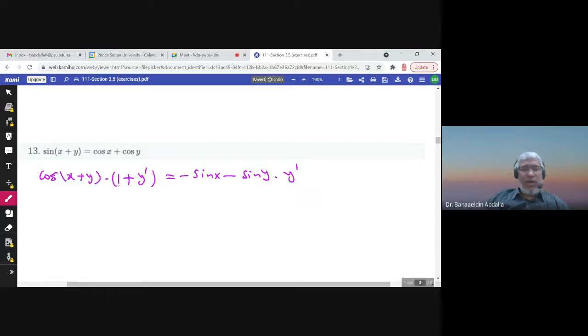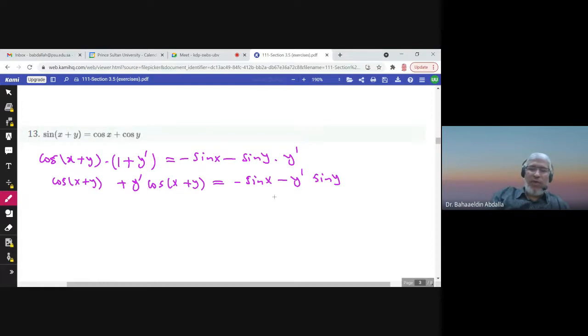Okay, here multiply, so I have cosine x plus y plus y prime times cosine x plus y equals negative sine x minus y prime sine y.